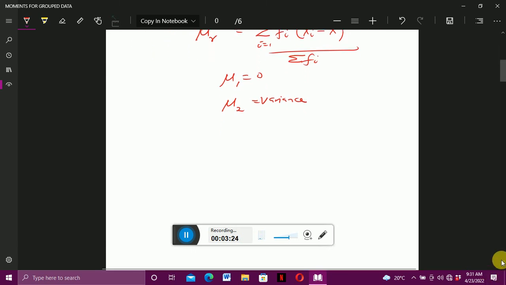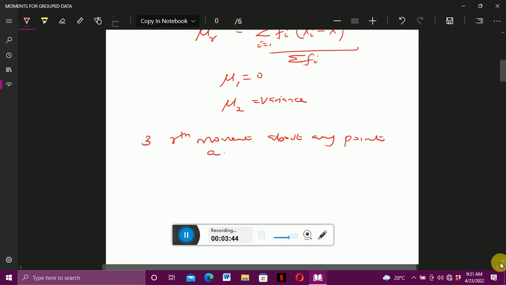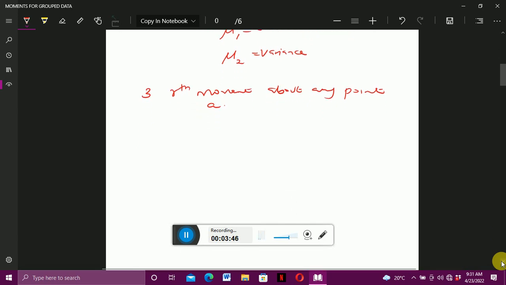So we go to the third definition, where we talk about the rth moment about any point A. And remember, we usually use the rth moment about any point A to get the rth moment about the mean.